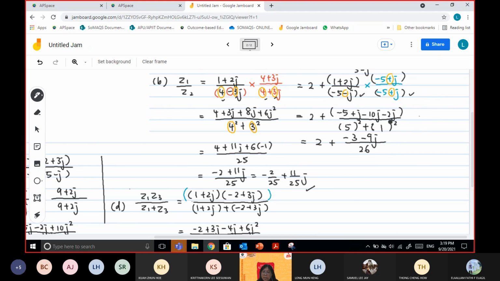Hold on. It's actually plus 2j squared, so minus 2. So minus 5 minus 2 is actually minus 7. Then minus 9j over 26.